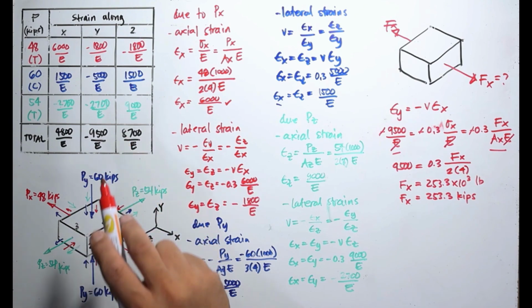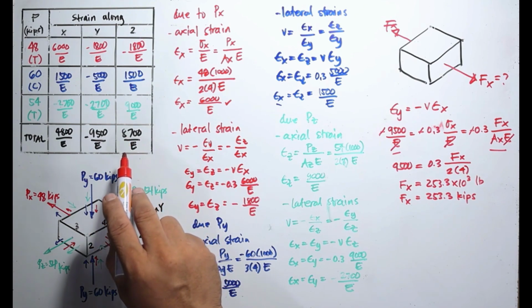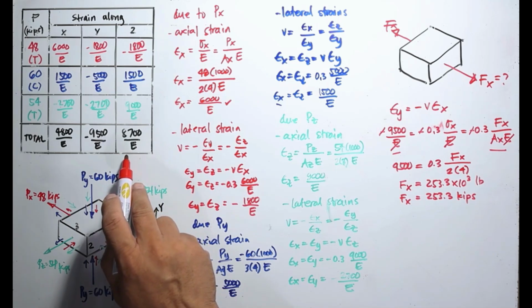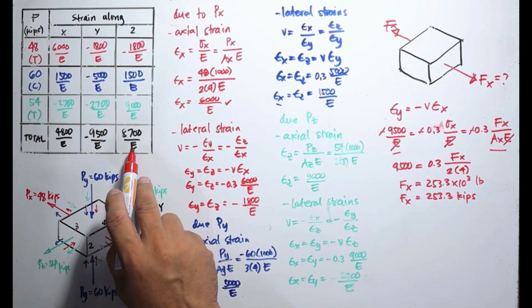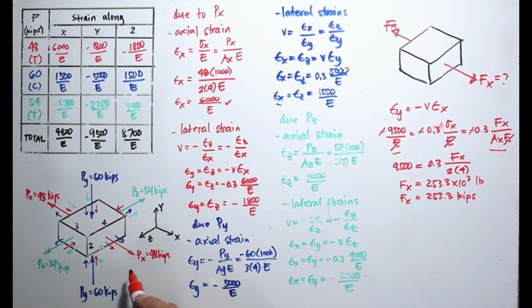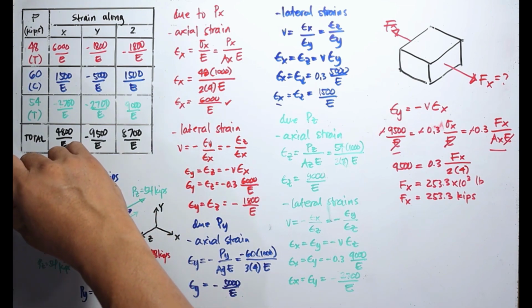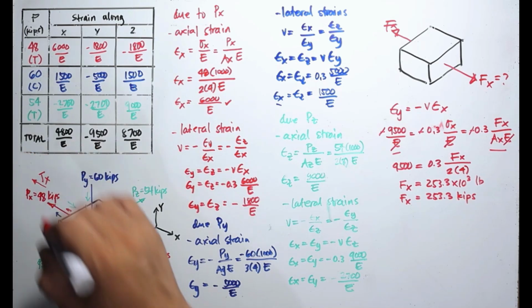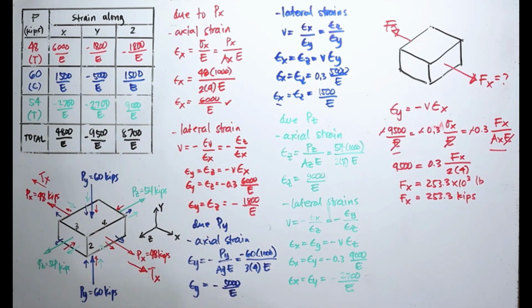That means we are going to subtract a lateral strain here. If we are going to subtract it as compression, that means our additional load here should be in tension. Let's call that T sub x. So we need an additional tension of T sub x to cancel the strain along Z.